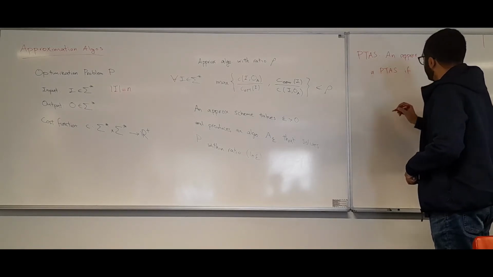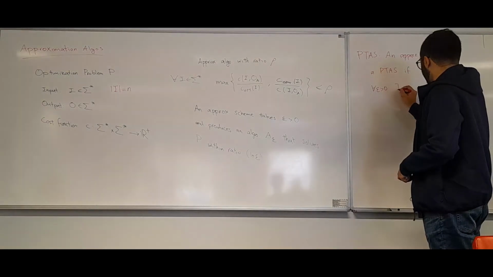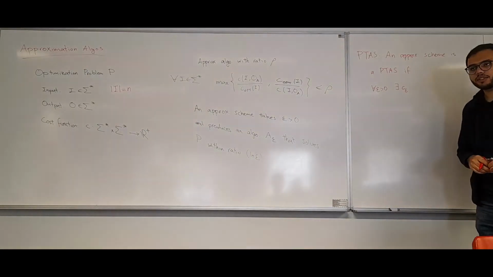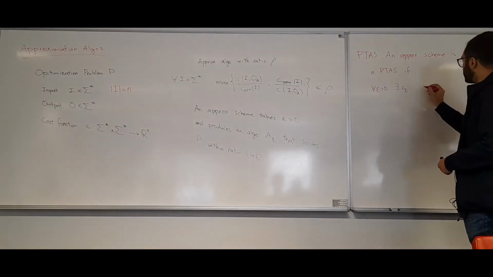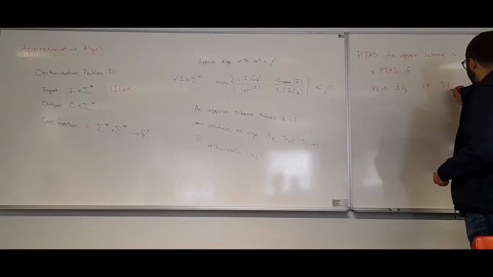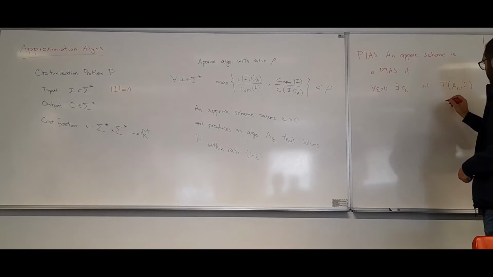if for every epsilon greater than 0, there exists some constant, let's call it C of epsilon, which depends on epsilon, such that the runtime of my algorithm, T of A epsilon, when run on the input I, is bounded by n to the power of C epsilon.